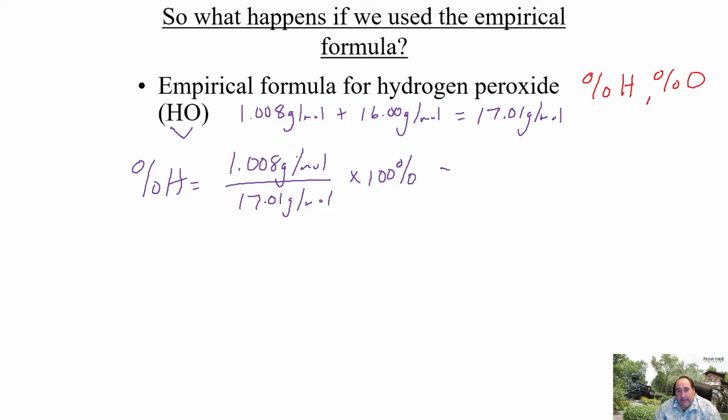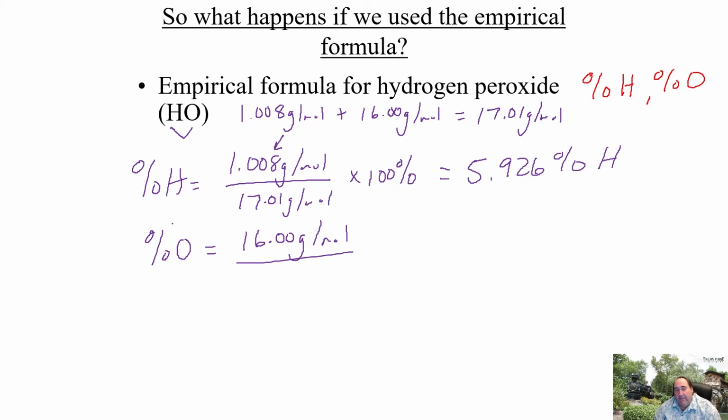Going to give us, looks like, 5.926% hydrogen. By the way, I'm going with about 4 significant figures on both of them based on the molar mass. Our percentage of oxygen in this case would be 16 grams per mole divided by 17.01 grams per mole times our 100%.